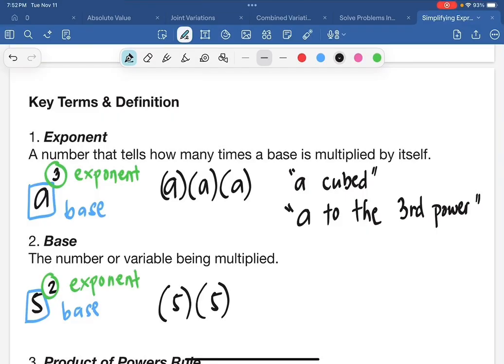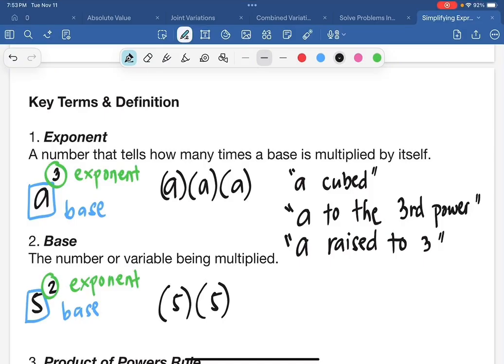Even in my elementary years, we used to read this as a to the power of 3, but to formally read this properly is a to the blank power, depending on the rank of the exponent. So we have a to the third power instead of a to the power of 3. And the last one, which is the safest way to read this, would be a raised to 3, since our exponent is 3.